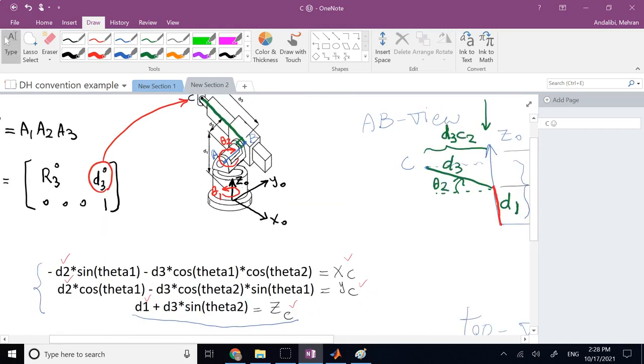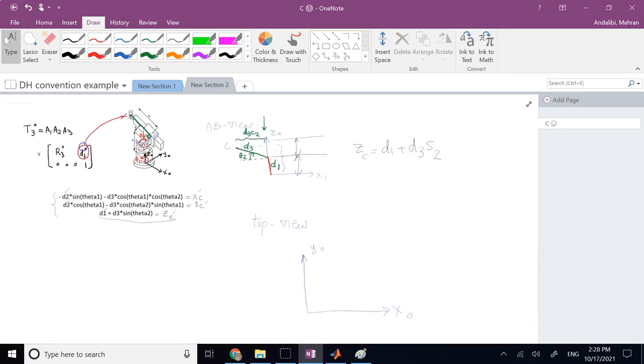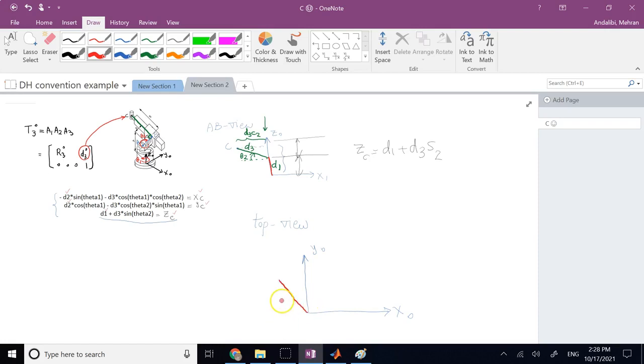Where theta 1 is 0, this member is aligned with y0. When theta 1 is non-zero, it further moves counterclockwise. So if you really want to plot this member at theta of 0, it is aligned with y0. When theta 1 is non-zero, it is going to go like this. The length of it is d2, the angle of it is theta 1.